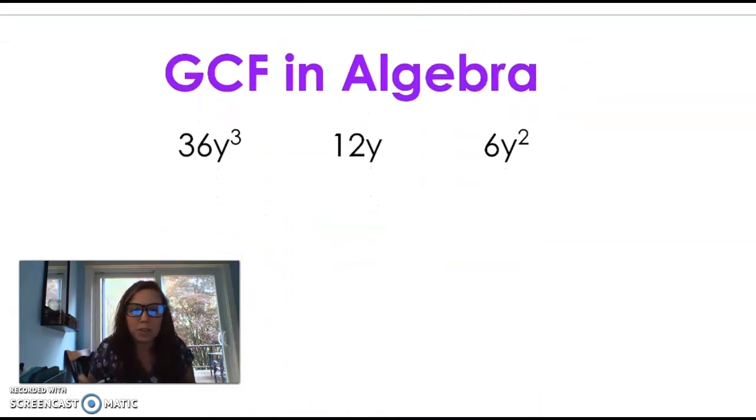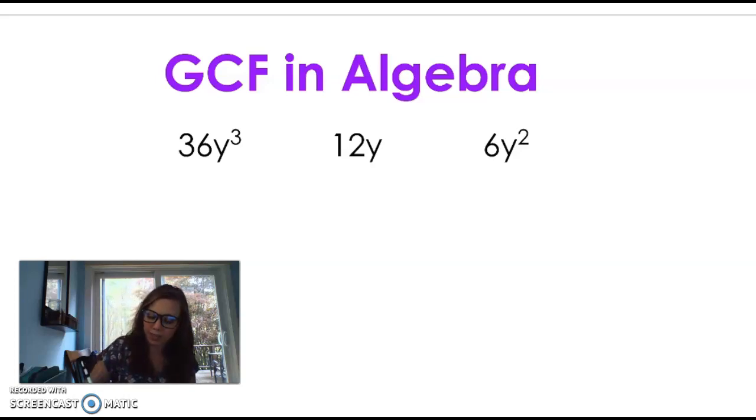Alright, so you might have 3 terms in this case. You can either look at these numbers and think, what's the biggest number I can divide 36, 12, and 6 by? Using your multiplication facts, hopefully most of you still remember those, all of those numbers are divisible by 2 because they're even, so that's good. That's not the greatest common factor. All of them are divisible by 3, but the largest number that all of them are divisible by is 6.